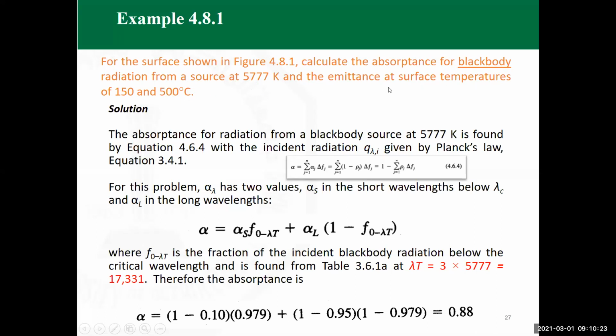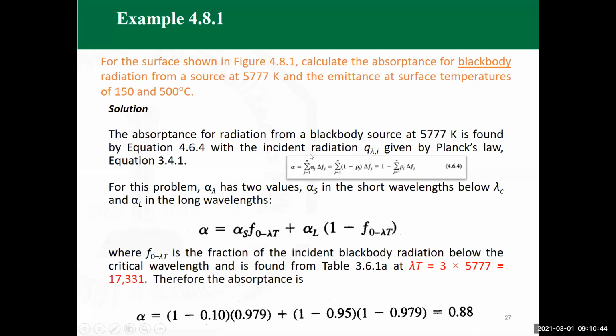So we need the absorptance to be calculated once for this temperature, and we need the emittance to be calculated as if we're talking about two surfaces. One surface is at 150, what's the value of the emittance? Another surface is at 500 centigrade. So let's see what's the emittance of this one as well.